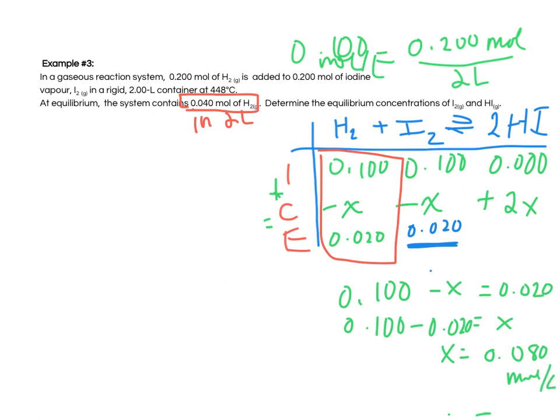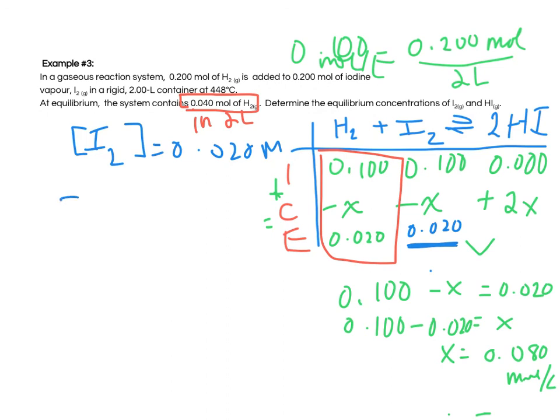And so that allows me to figure out my concentration of HI. I've already sort of determined the concentration of my I2, so let's write that out. The concentration of I2 also has to be 0.020 moles per liter.